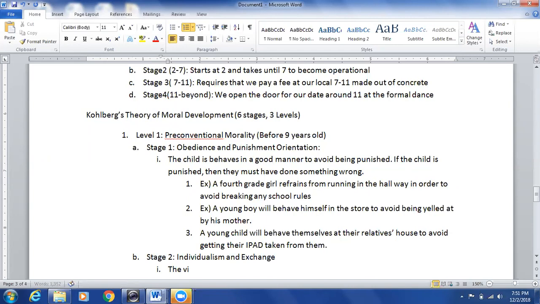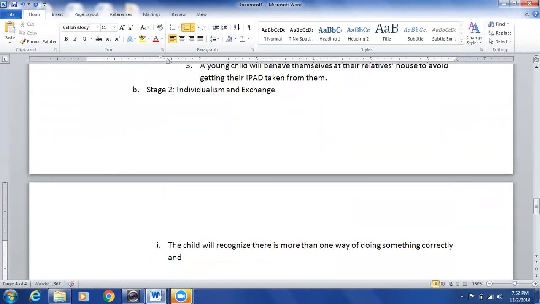So the child will recognize there's more than one way of doing something correctly, and often will cling onto the response handed down to them by a figure of authority.